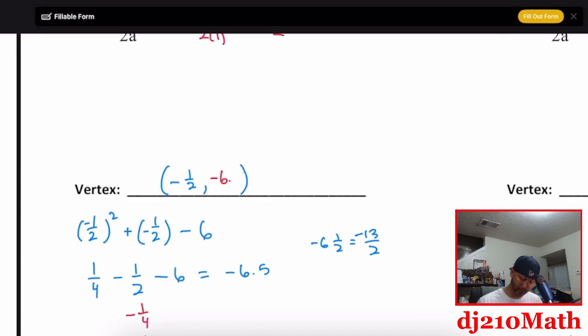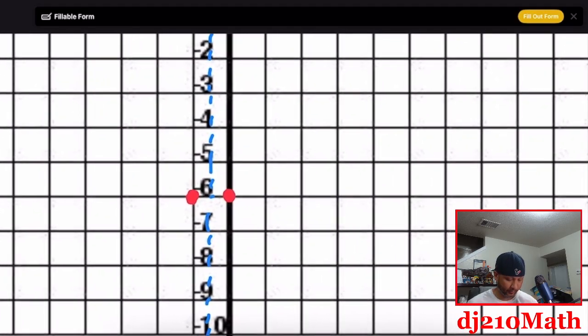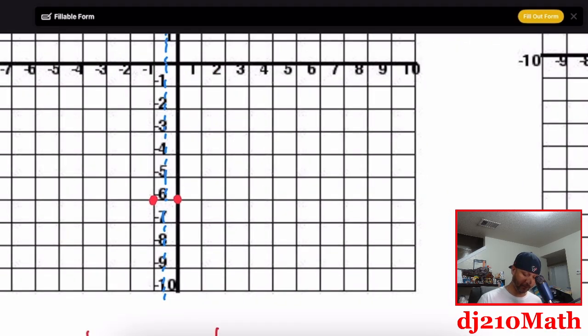So this is going to be negative 6.25. All right, 6.25 is basically going to be right there.